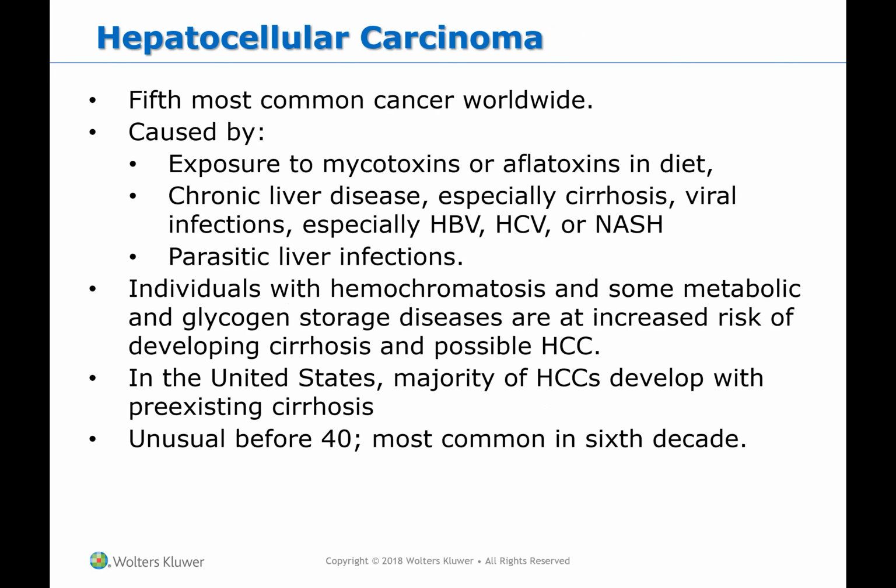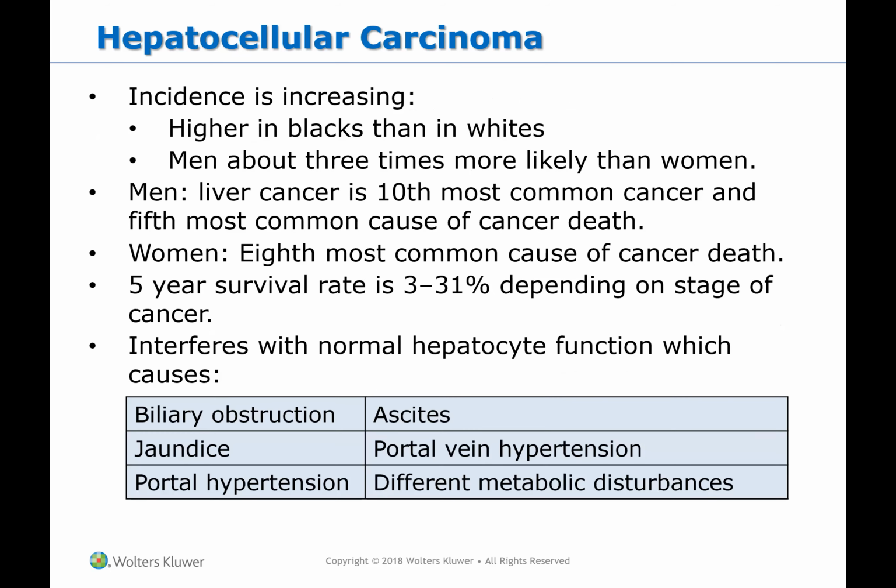Patients that have glycogen storage diseases are at an increased risk. But usually in the United States, the majority of hepatocellular carcinomas occur because of cirrhosis, and they're unusual before 40 and most common in the 6th decade. The incidence is increasing.